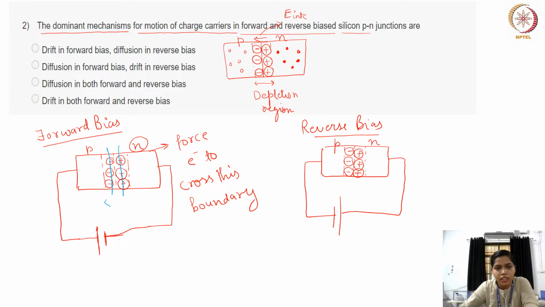Before it was this much, and under the application of the forward bias, the width of the depletion region will be decreased, as a result of which more electrons will get diffused from your N side to P side.